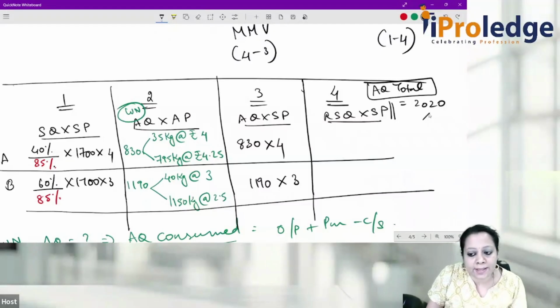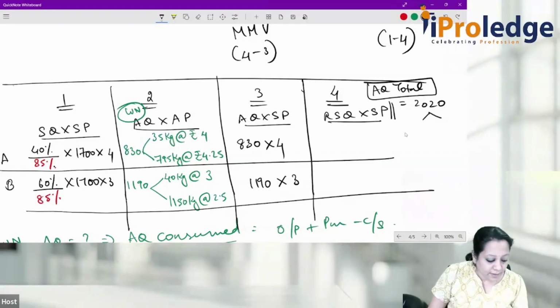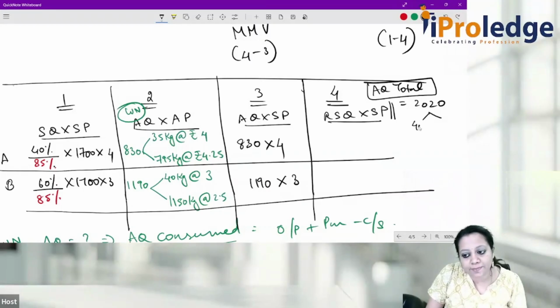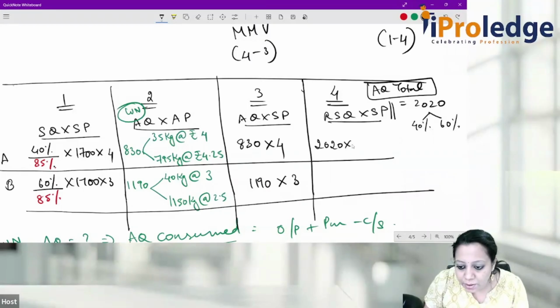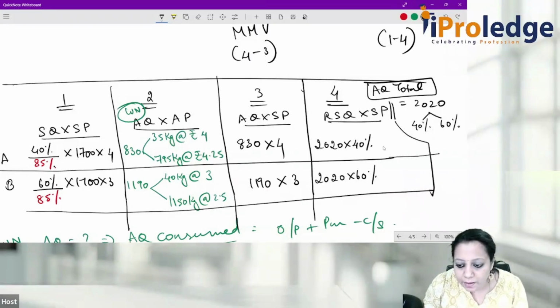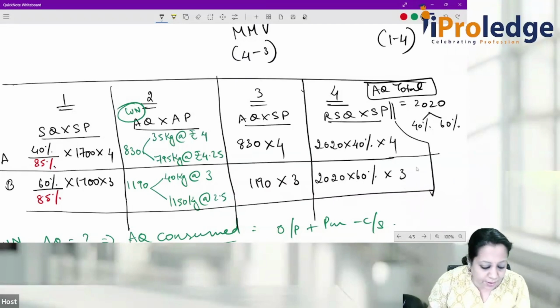That should be distributed in standard quantity proportion. Standard quantity proportion is how much? 40 and 60. So that is going to be 2020 into 40% and 2020 into 60%, into 4 and into 3. Isn't it, students?